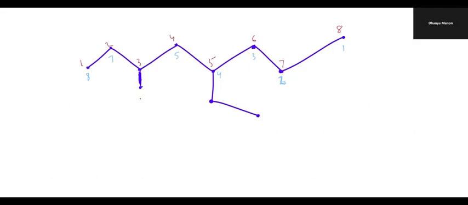Now let's write down the positions from the first numbering. We have one branching at the 3rd position and one branching at the 5th position. Now, in the second one, we have one branching at the 6th position and one branching at the 4th position.